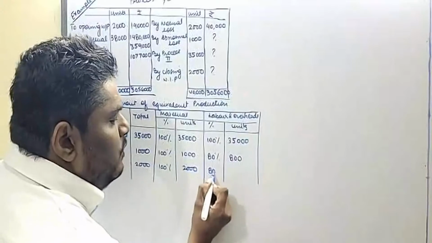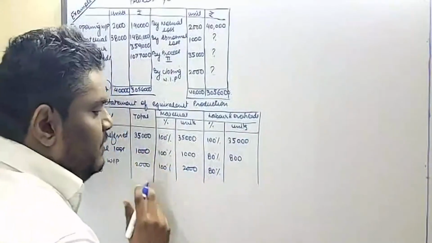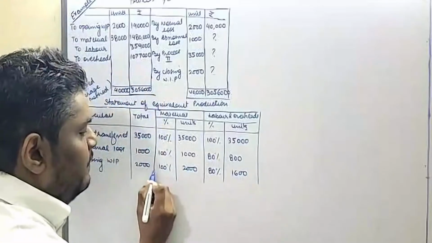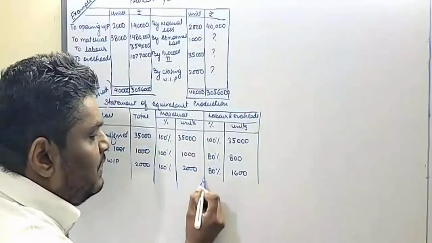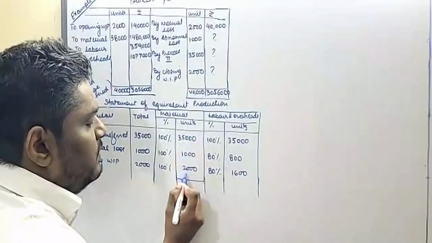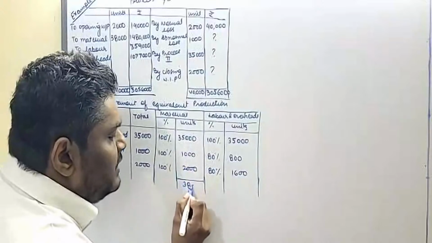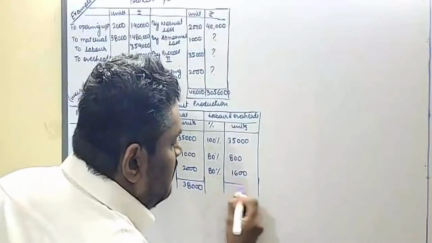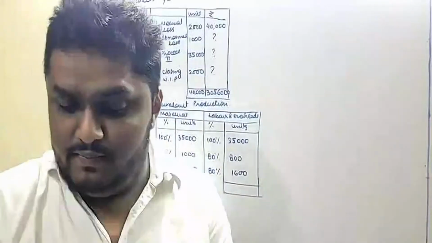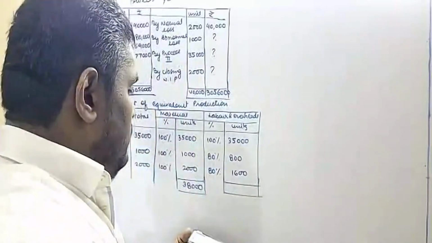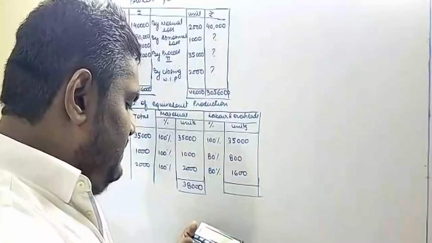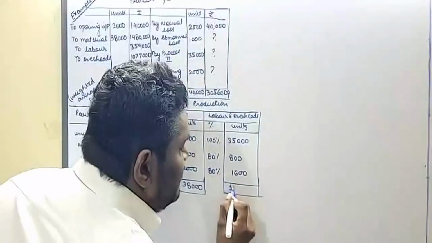And as far as labor and overheads is concerned, only 80% of the work is done, that is 1,600. So this is how we will calculate the total equivalent number of units. 38,000 in respect of material, and in respect of labor and overhead, 35,000 plus 800 plus 1,600. So this will be 37,400.